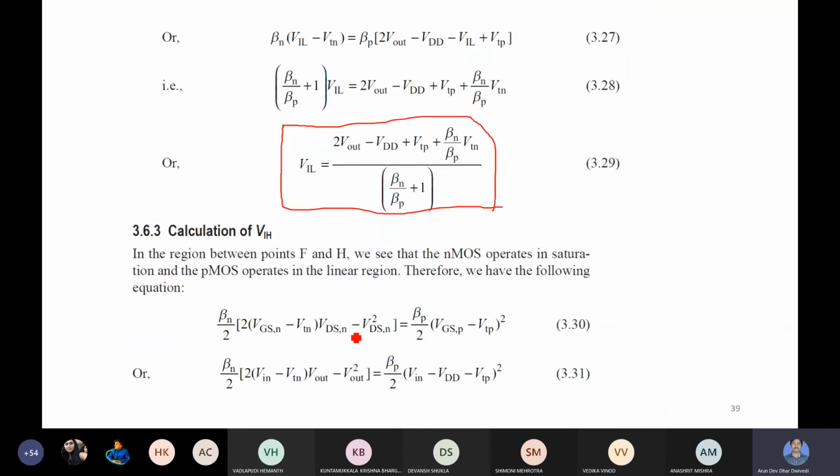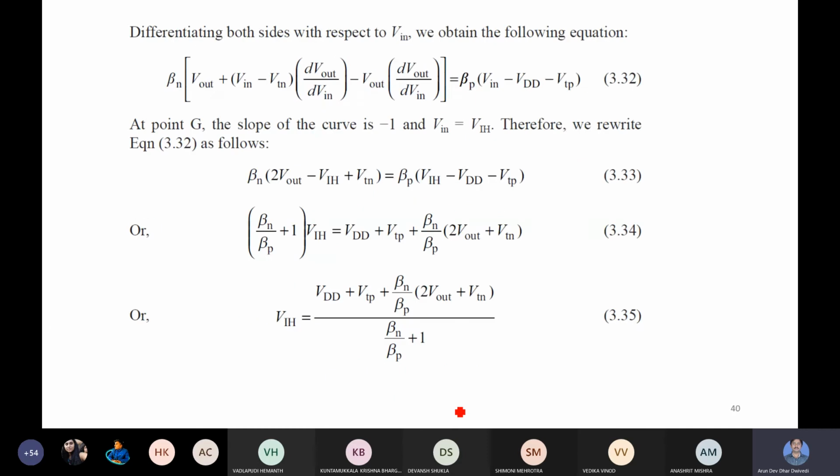So the first equation is directly written in terms of VGSN, VDSN and VGSP. Then VGSN is replaced by Vin minus VTN, VDSN is replaced by Vout, and VGSP is replaced by Vin minus VDD. By substituting and solving, and then differentiating with respect to Vin, dVout by dVin, there are two terms here.